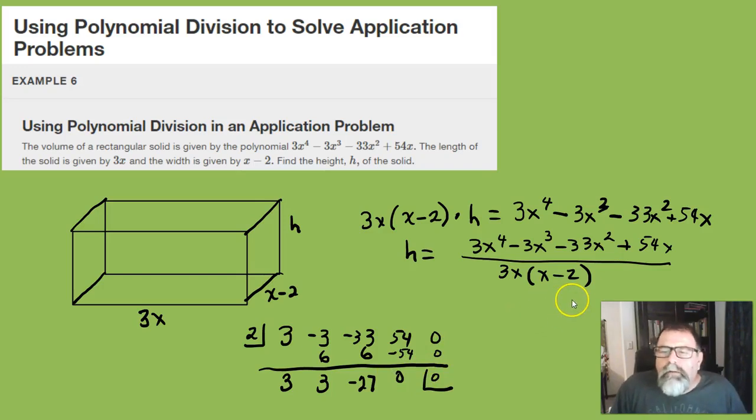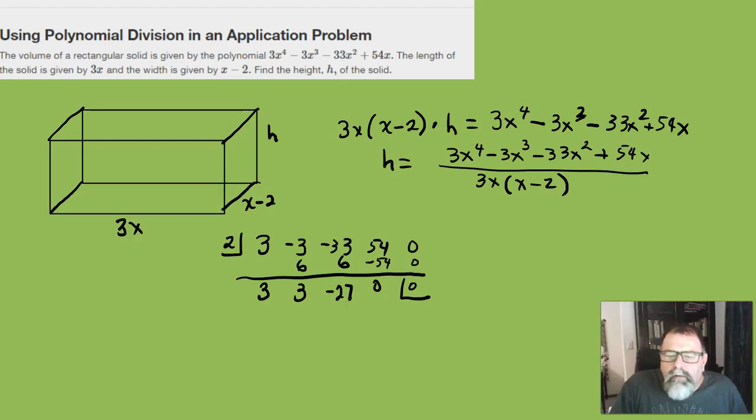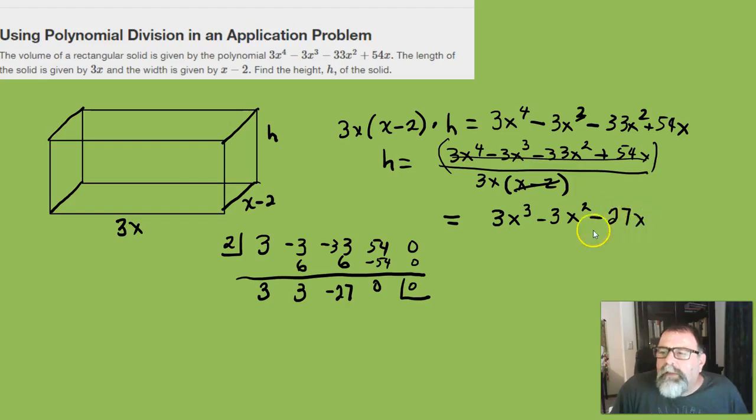So now, let me move this up. Now I have, so basically I just did the top and I divided out the x minus 2 and I'm left with, let's see, this was x to the 4th, so this is x cubed minus 3x squared minus 27x. And then I'm going to divide that by 3x.